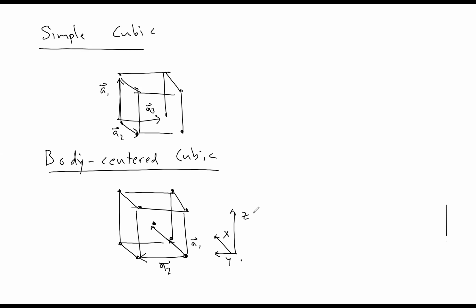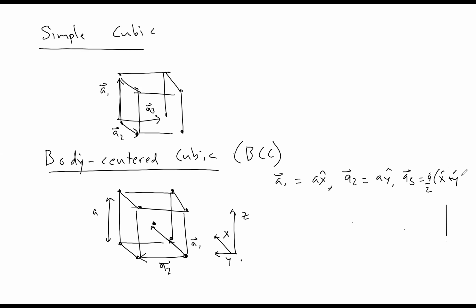One choice of the primitive lattice vectors for the body-centered cubic, sometimes called the BCC lattice, are A1 equal to A x-hat, where A will be the length of the side, A2 equal to A y-hat, and A3 equal to A over 2 times x-hat plus y-hat plus z-hat. We can, as we've said before, choose any other set of primitive lattice vectors we wish.